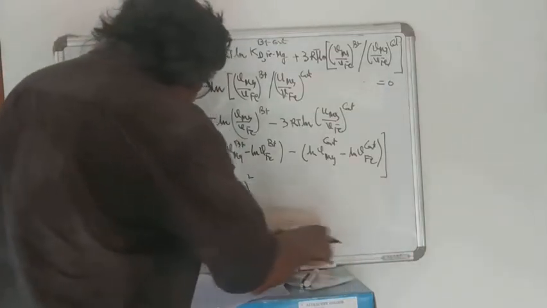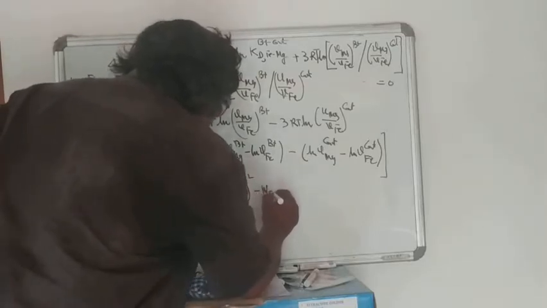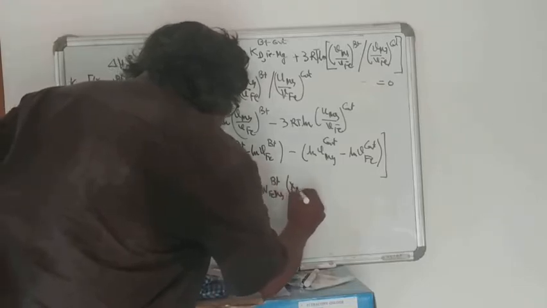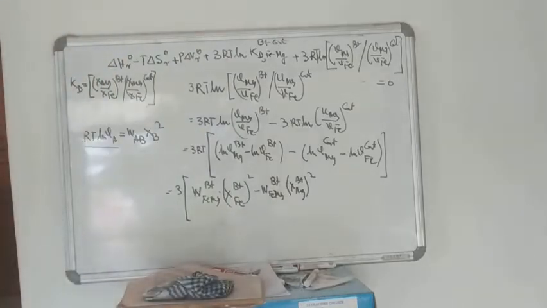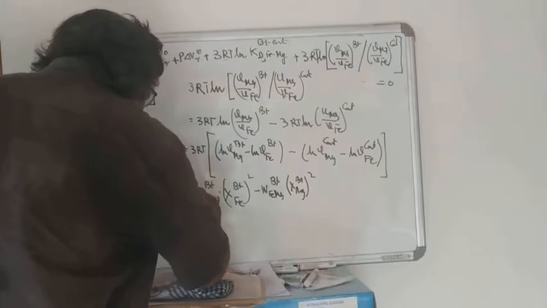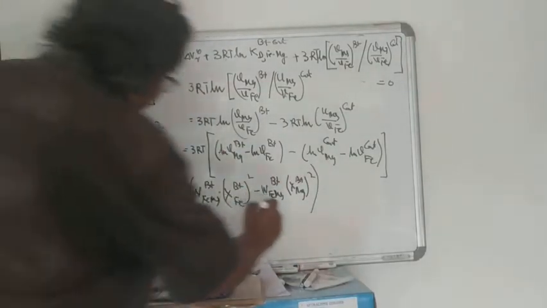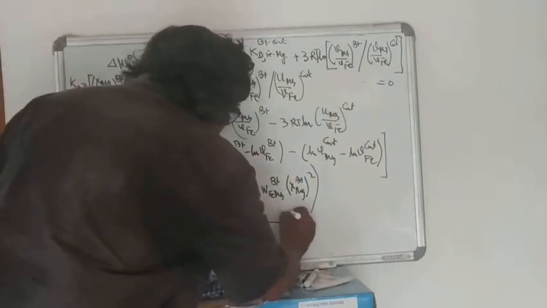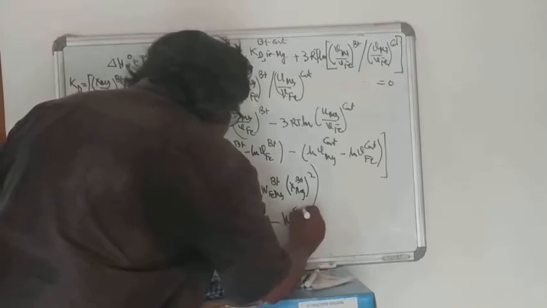So similarly, this will be W_FeMg biotite into X_Mg biotite whole squared. Yes or no? So this will go into the first bracket. And then you have minus, same relationship, W_FeMg, but this time it's for garnet.